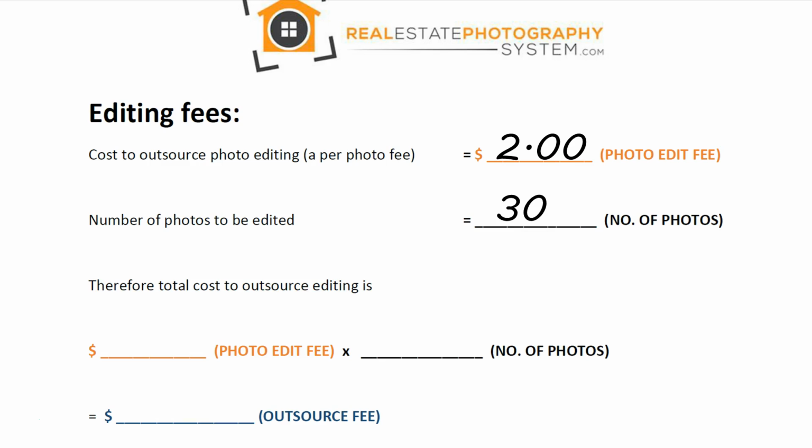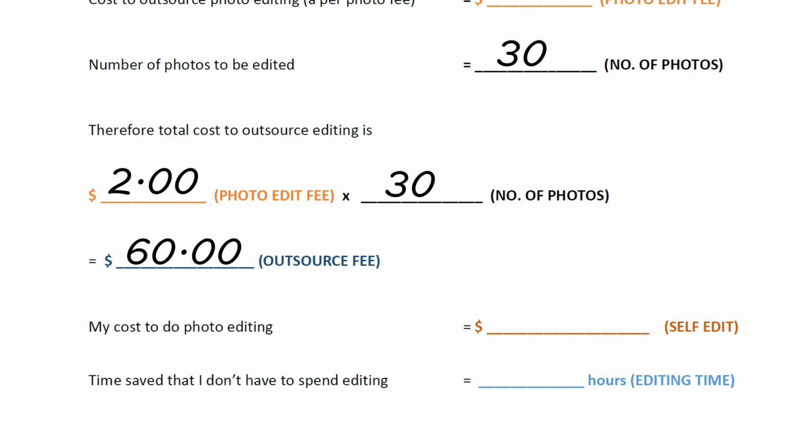Now next we calculate the total cost to outsource the editing. So write your numbers down in here again and then multiply them together to work out your outsource fee for this particular photo shoot. Okay, you're right there? Alright, now next up we just want to compare this fee with our own photo editing fee. So go back to that section earlier where you wrote down your self-edit fee.